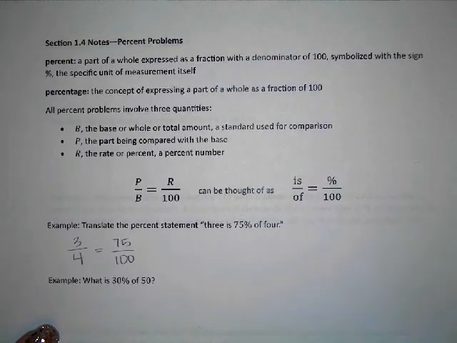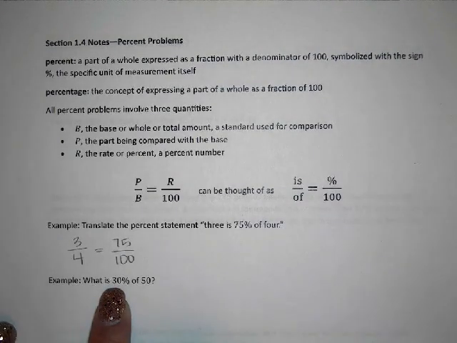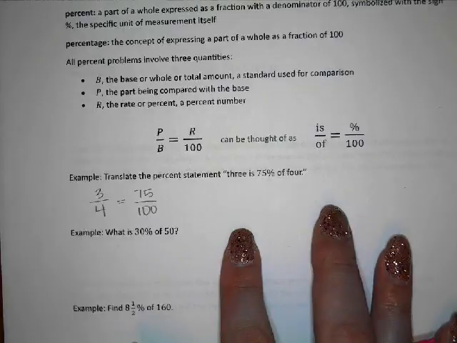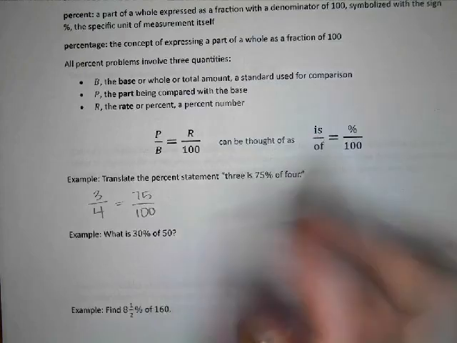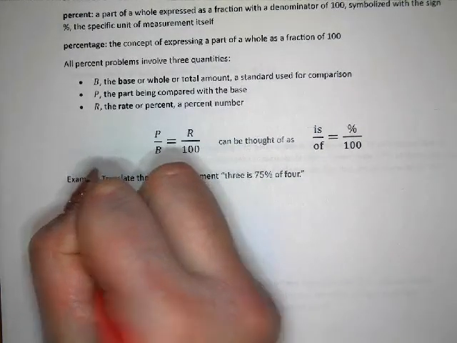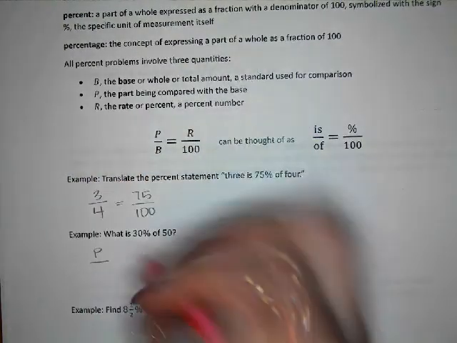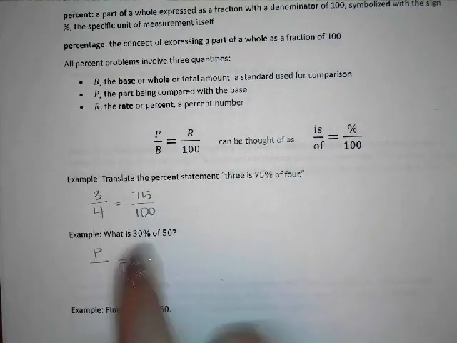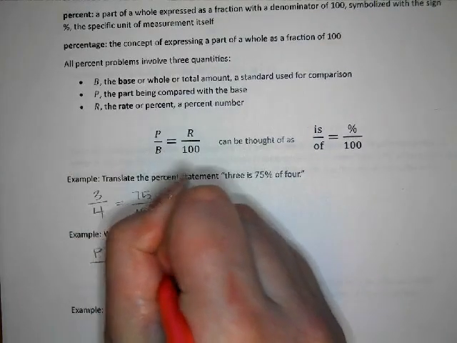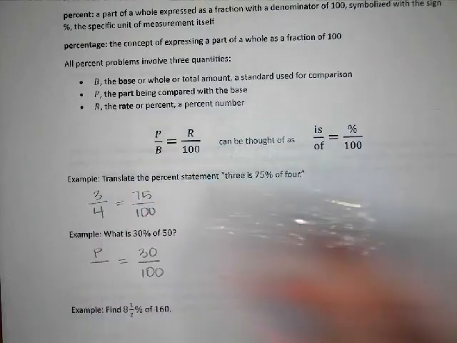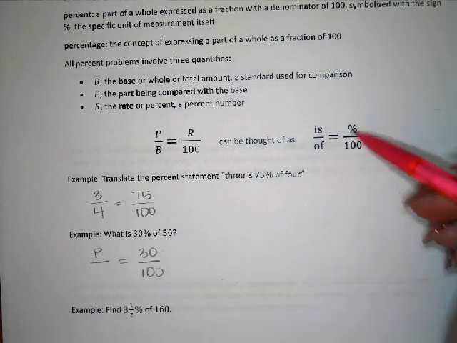All right, the next question says, what is 30% of 50? So what is, that's what we're solving for, so I'm going to put P there. 30%, we know that this part is always 100, so 30% over 100.